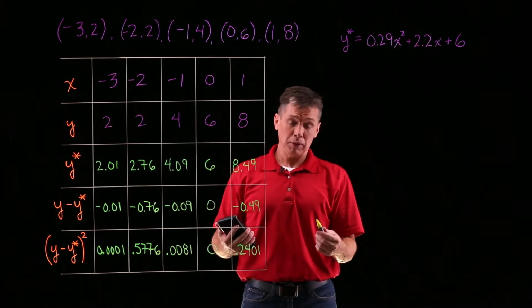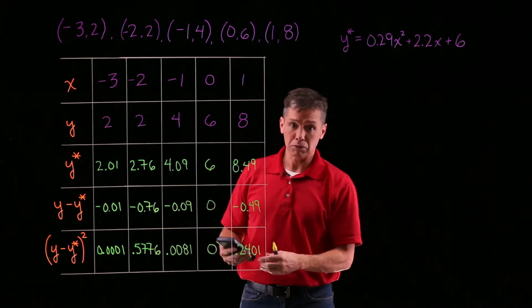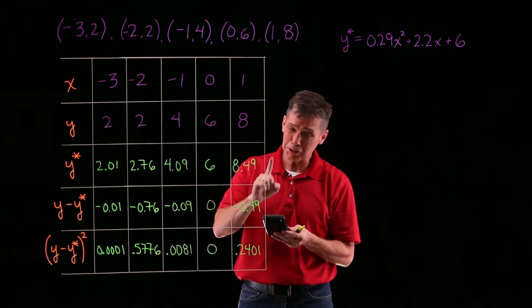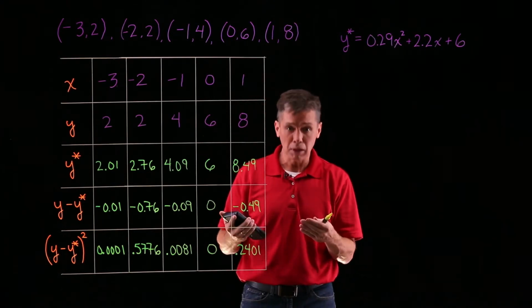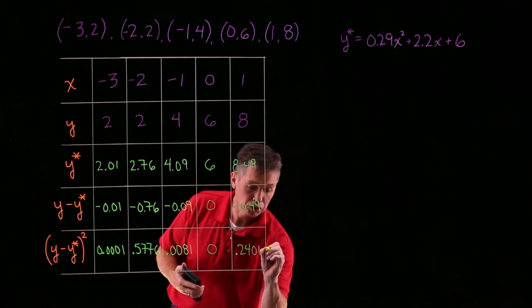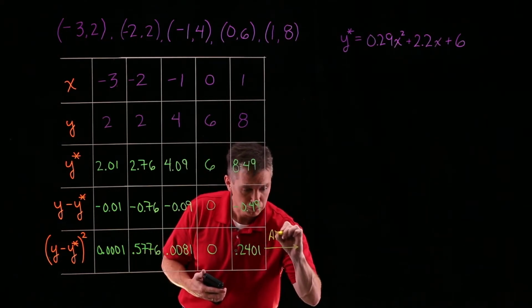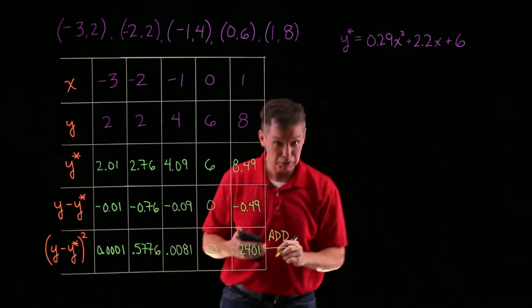Okay, so you're done with your table. And the point of the table then is each entry in the last row is one of your squared differences. If you remember the directions, we're supposed to find the sum of the squared differences. So you're going to take this row and add, which again, I'll resort to my calculator for this.